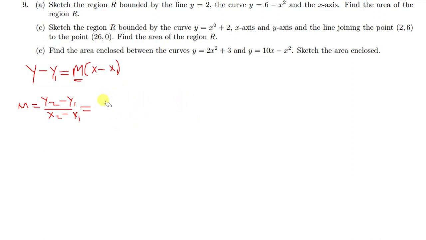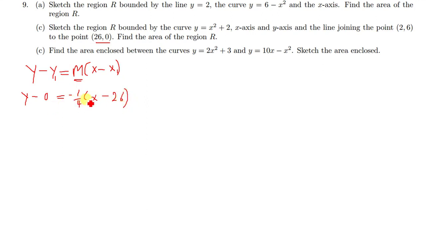So let us now find the equation of the line. We will say y minus y1, where y1 is 0, so y minus 0 is equal to the gradient, negative 1 over 4, times x minus x1, where x1 is 26.